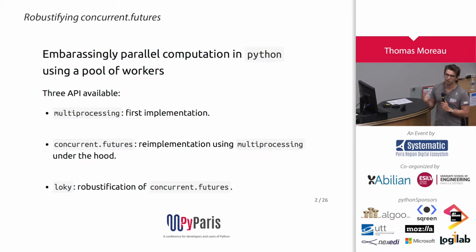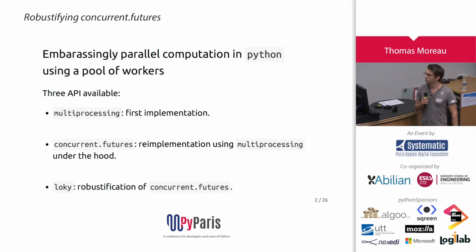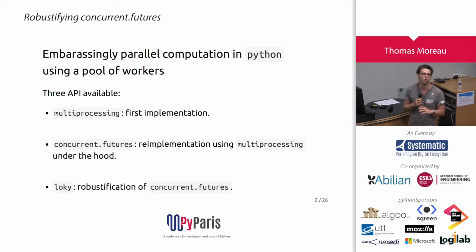And in the standard Python library, you actually have two options to do that. First, and the oldest one, was the multiprocessing pool, which was the first implementation. I won't talk too much about this tool today because we find it a bit more faulty, less robust to faulty user code.